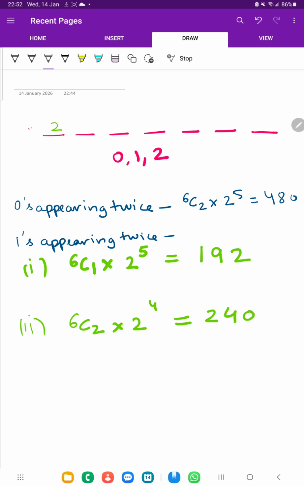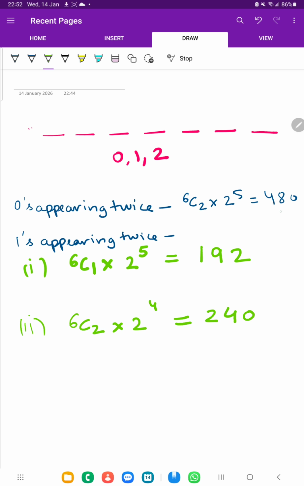Now, why are there two cases in the case of 1 and not in zeros? Because 0 cannot appear here. This is the sole reason why we have to perform this sub-case-wise analysis in the case of 1 and not in the case of 0. Also, there is another catch.